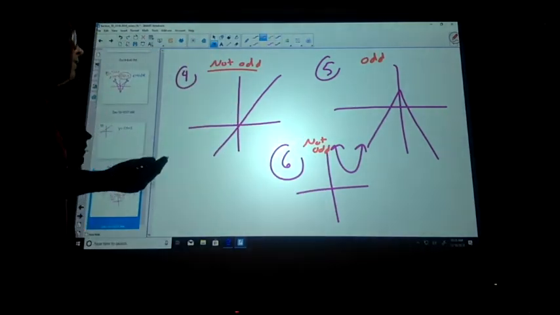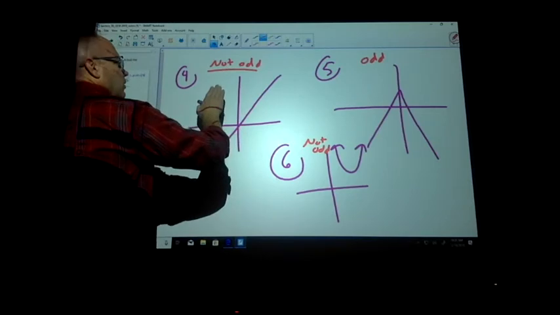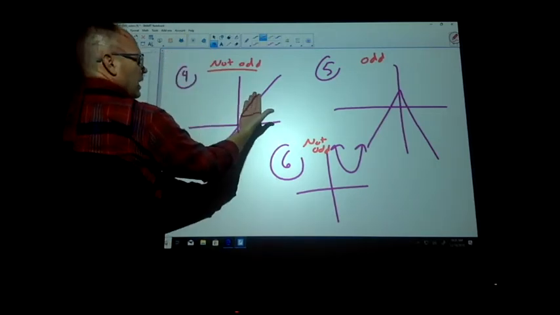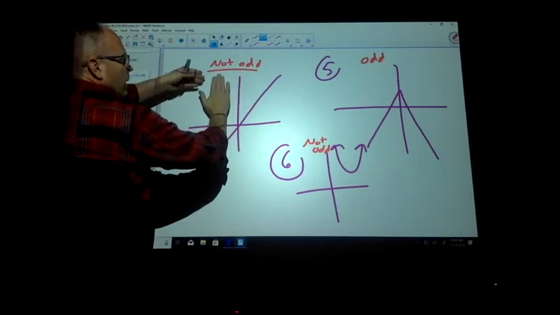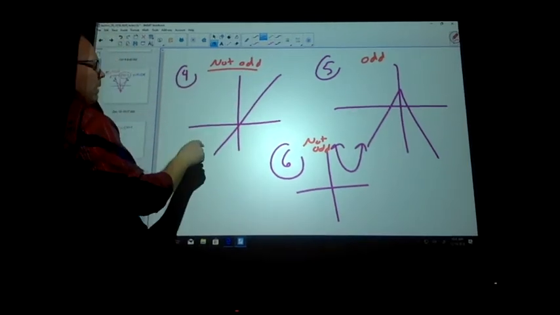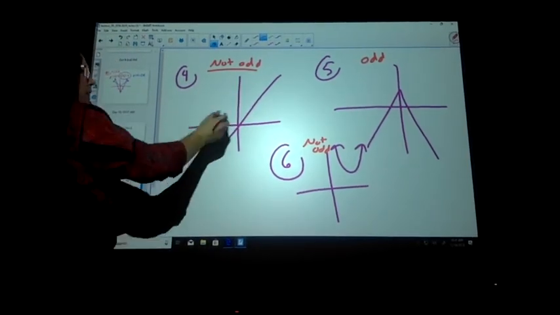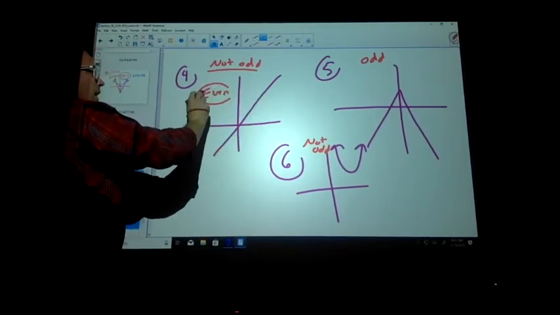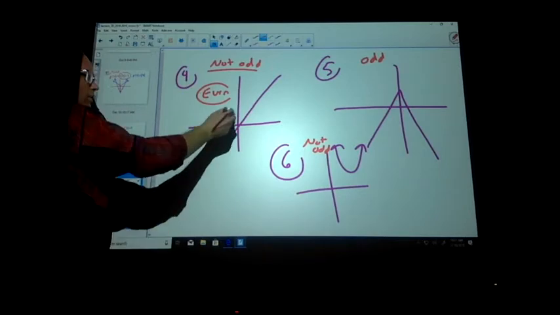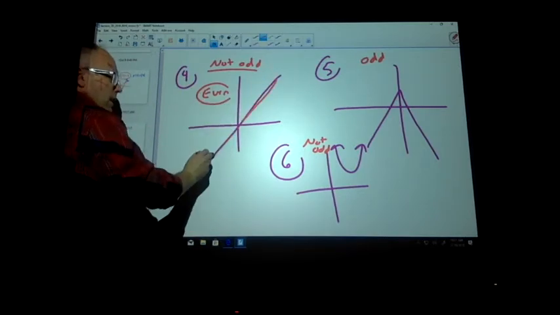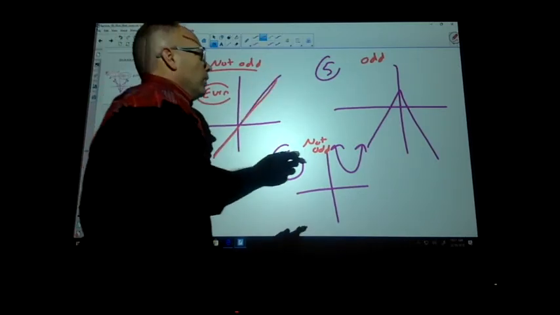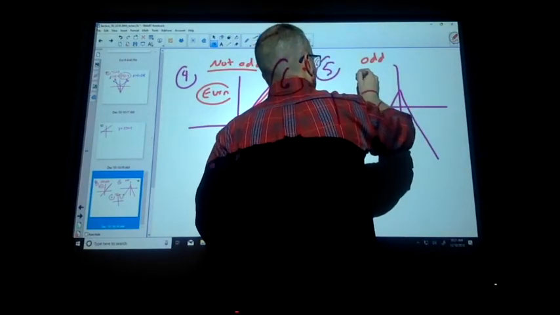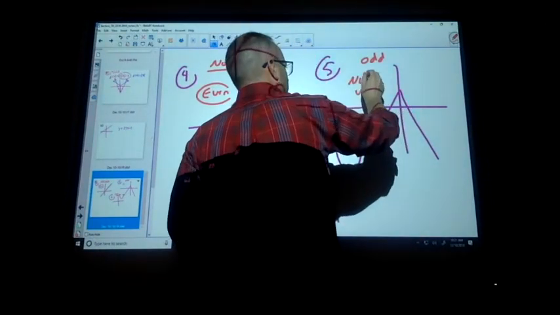And then it's even if it flips over this, and then it flips over one more time. So if I were to take this and fold it over, it's right here, then this would be even because it flips over the x, or over the y, and then over the x. So this maps right back onto this. This one flips. Nope. So it's not even.